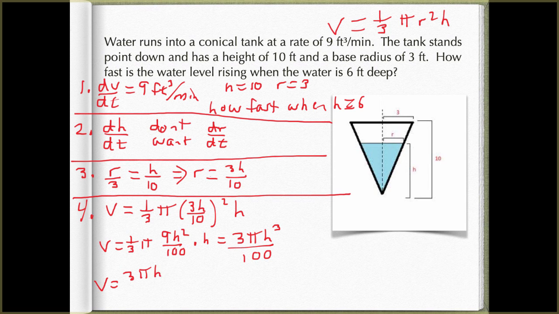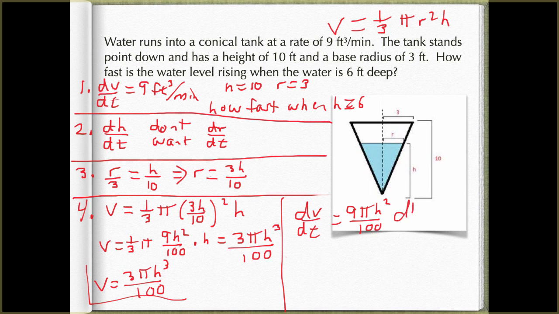So this is what I'm going to take the derivative of. We have 3 pi h cubed over 100. We then take the derivative of the volume function, and we get dV/dt equals 9 pi h squared over 100 dH/dt. We are now going to plug in the stuff we know.